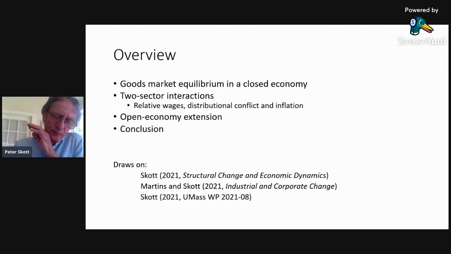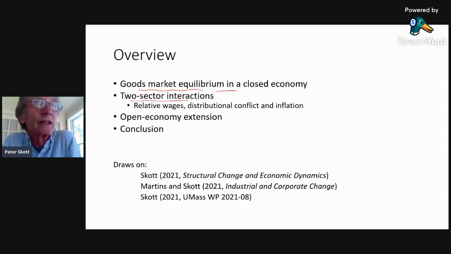Okay, so brief overview of what follows. I will first look at a goods market equilibrium in a closed economy, one sector, and then I'll turn to two sector interactions. I think these are important because we need to understand the interactions between sectors to look at relative wages, distributional conflict, and inflation.